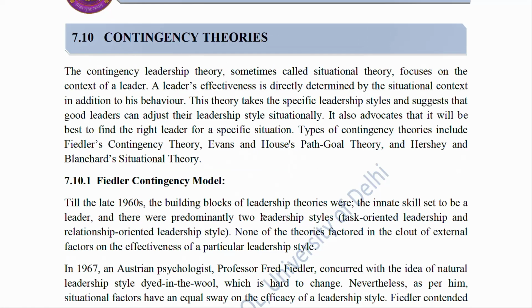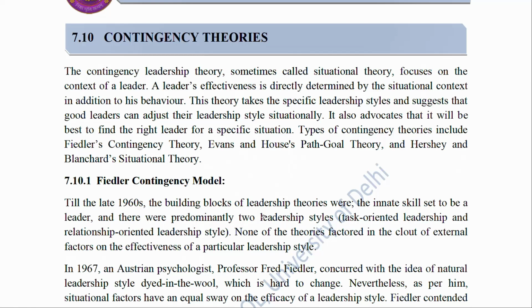7.10 Contingency Theories. The contingency leadership theory, sometimes called situational theory, focuses on the context of a leader. A leader's effectiveness is directly determined by the situational context in addition to his behavior. This theory takes the specific leadership styles and suggests that good leaders can adjust their leadership style situationally.